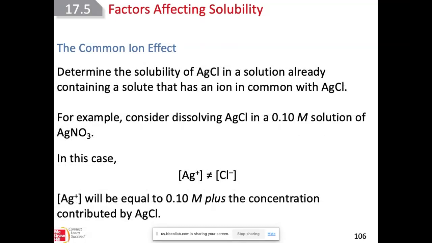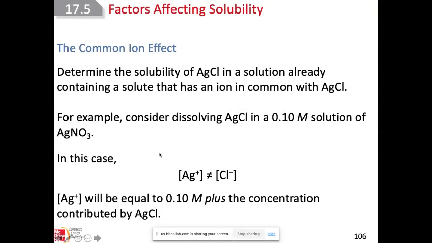So let's say we are taking that AgCl now, and we are dissolving it not in water, but in a 0.1 molar solution of AgNO3. Now, do you see we have AgCl and AgNO3, and they have a common ion? They have the same ion Ag+ from AgCl, and the same ion Ag+ in AgNO3.